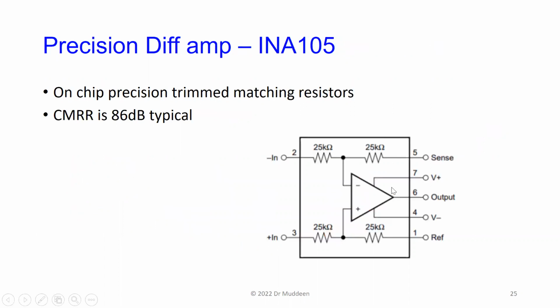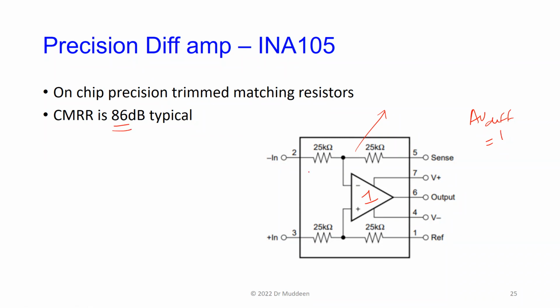So this particular device is a ready-made differential amplifier. Notice that all the resistors are equal, so the gain AV diff is 1, and they're telling you that the common mode rejection ratio for this is 86 dB.